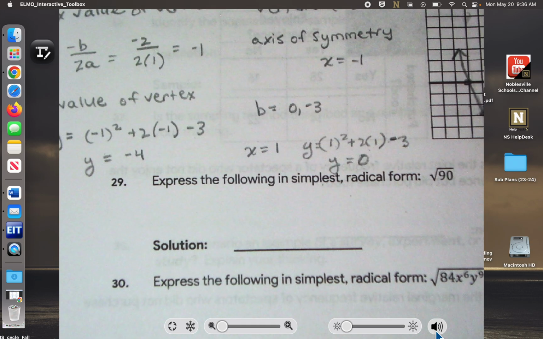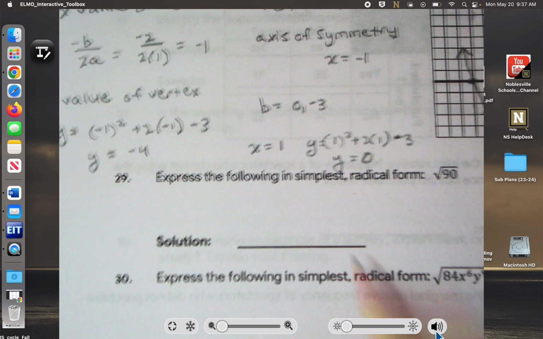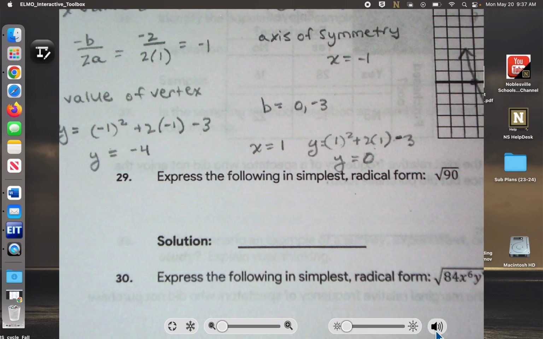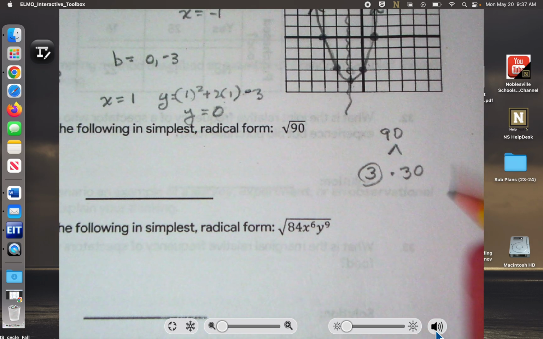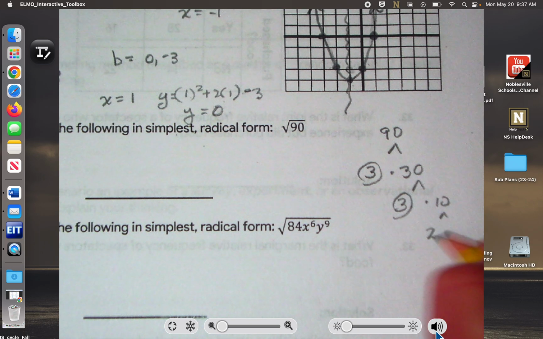Good times. All right. Express the following in simplest radical form. This is where we do our factor trees, right? So I used 3 times 30. We circle our prime numbers so we know that those are done. 3 times 10, 2 times 5.